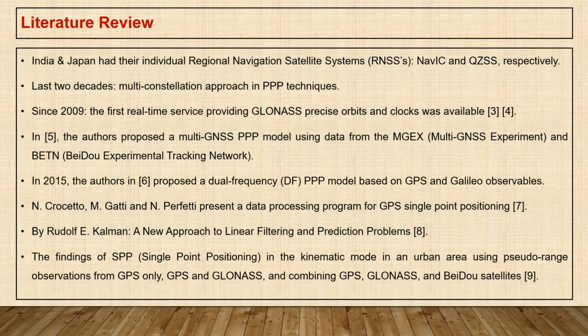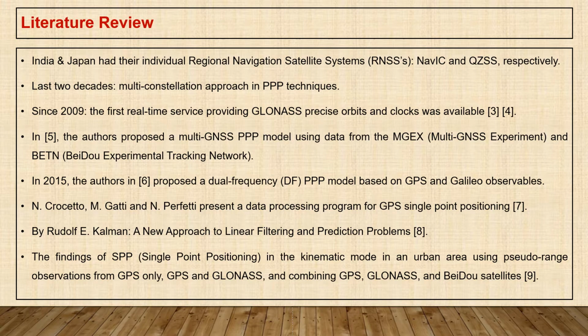Moving on, India and Japan had their individual RNSS, that is, the regional navigation satellite systems called NavIC and QZSS respectively. Since the inception of these satellites, for the last 2 decades, there has been a multi-constellation approach in the triple P techniques. Since 2009, the first real-time service providing GLONASS had precise orbits and clocks, and it was very much available.